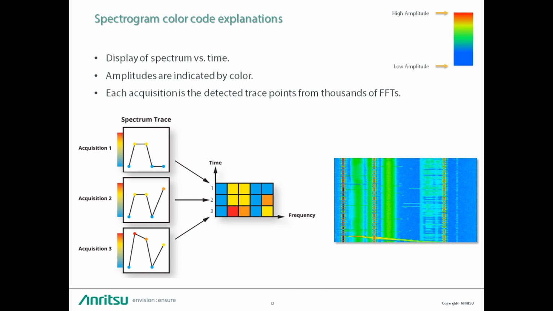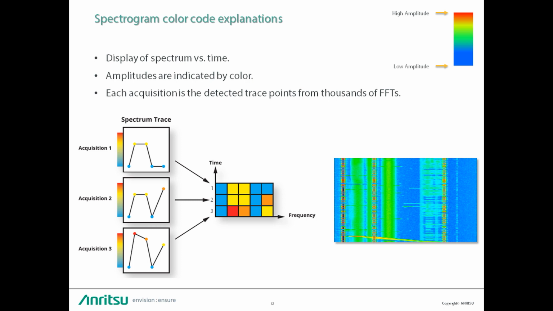This waterfall display is very useful to understand the behavior of the carriers, the consistency in time of a carrier, any frequency drift and so on. As time is represented on the vertical axis, we have a kind of history of what happened in the frequency span.